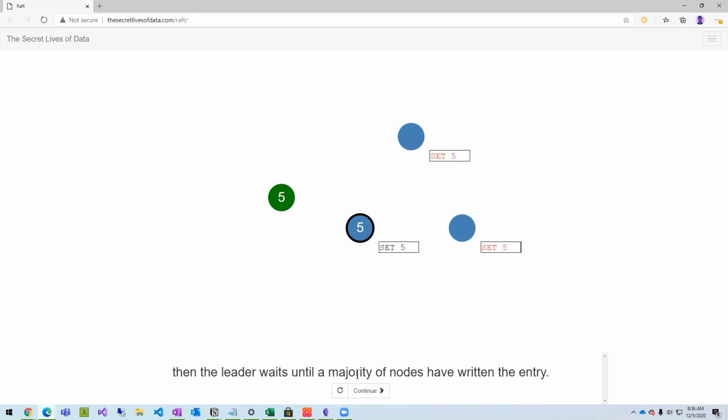So the leader waits for a majority of nodes until it has committed the entry, right? And then it will reply that the entry is now committed on the leader and it has state 5. Did you see this process was very similar to two-phase commit?